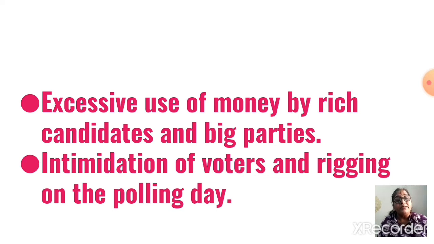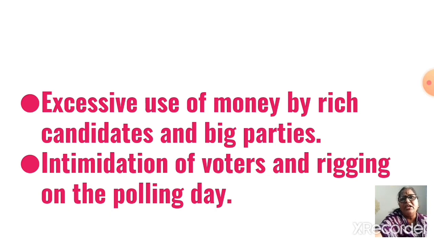Okay. Then the next is intimidation of voters and rigging on the polling day. Intimidation means to frighten, to threaten someone. Someone is the voter, and they say, okay, you have to vote for me, to threaten him, to force him to cast his vote for a particular candidate or a particular party.